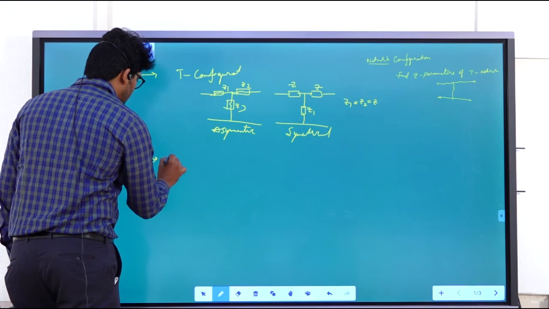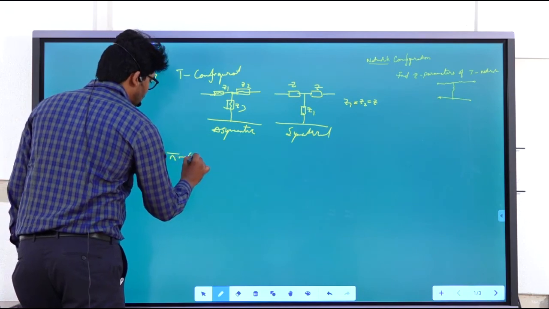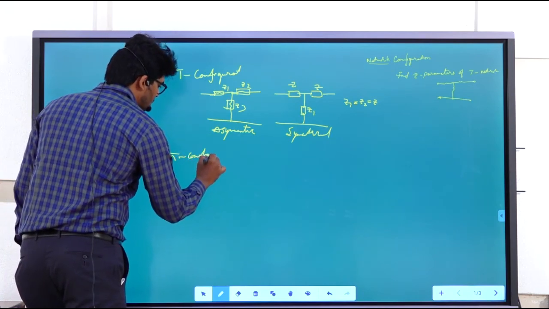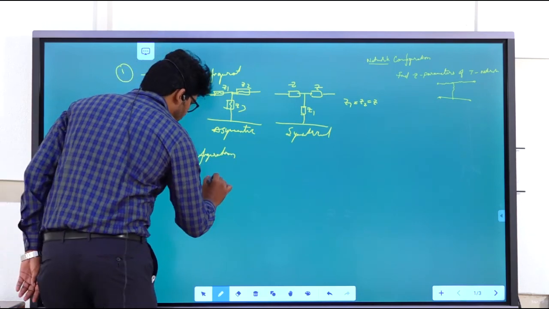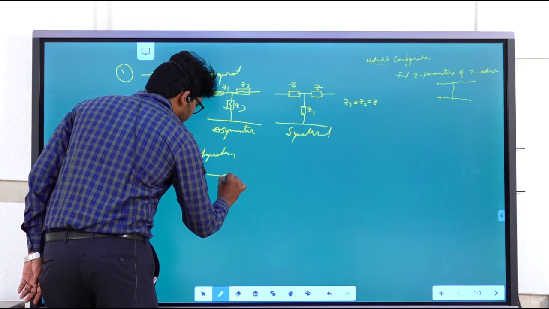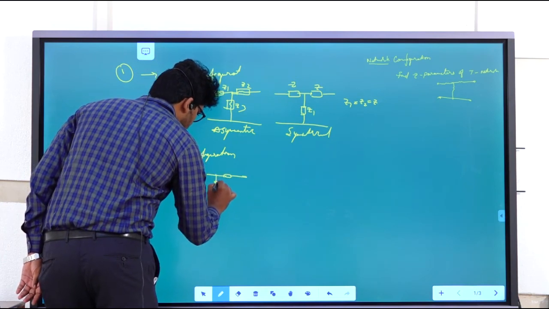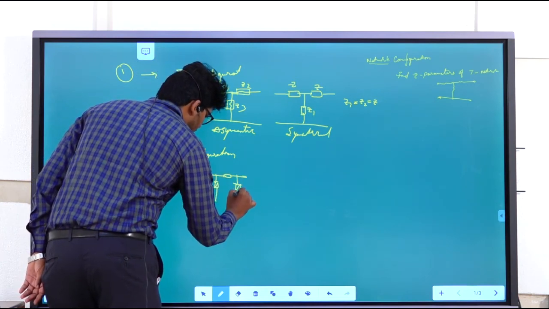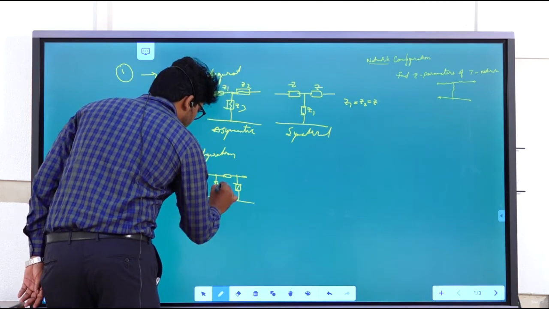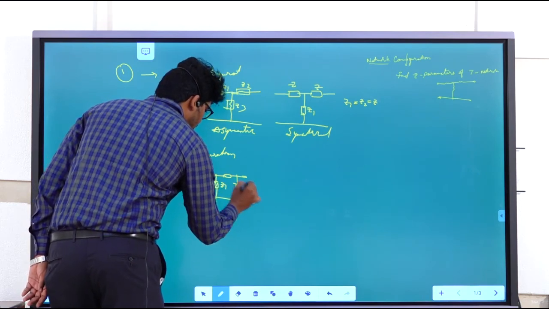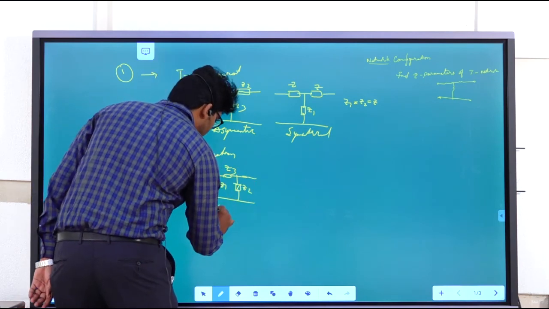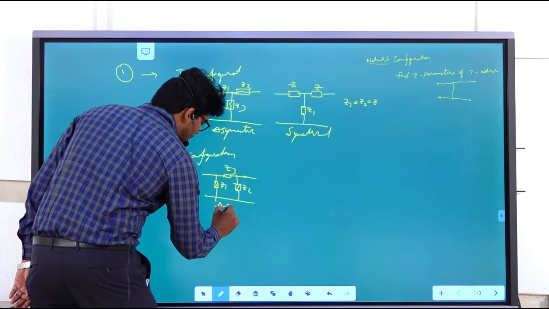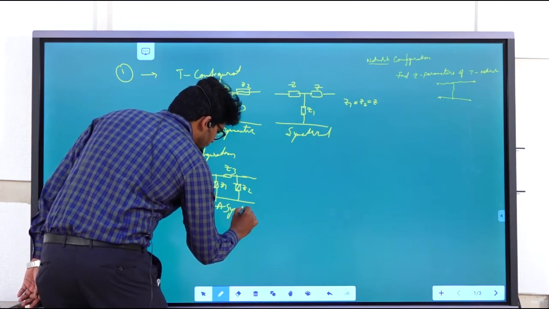Now we have the pi configuration or pi network. If the circuit is in pi form, we have Z1, Z2, and Z3. If this pi network has different values, it is asymmetric.